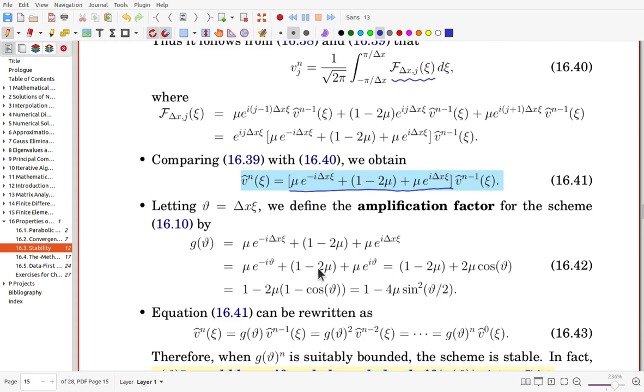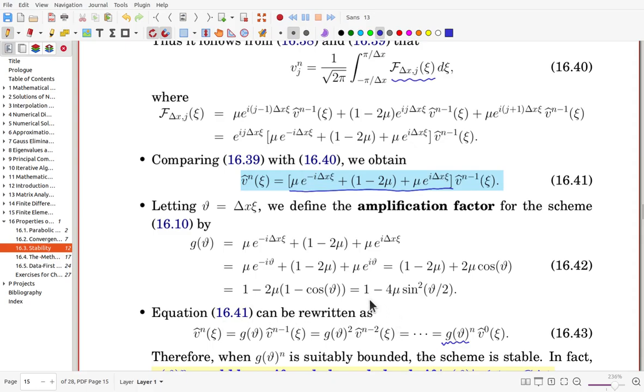So V hat n, the energy in the frequency domain, is G(theta) times V hat n minus 1. We can apply this recursively, and we can reach this quantity, so that if G(theta) is bounded by 1, then the energy is not really expanding.